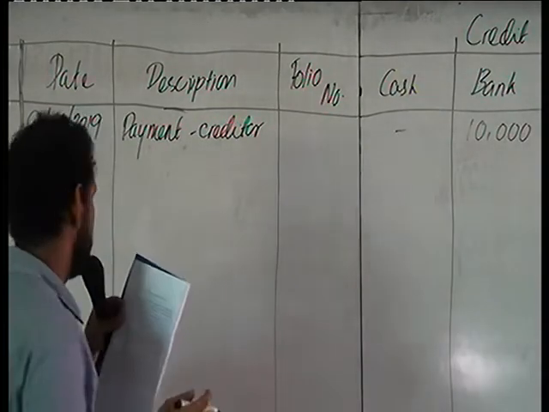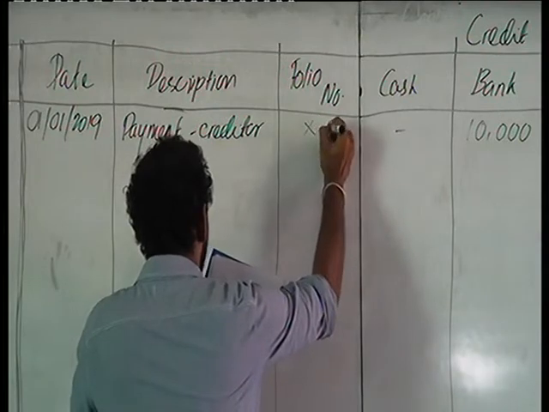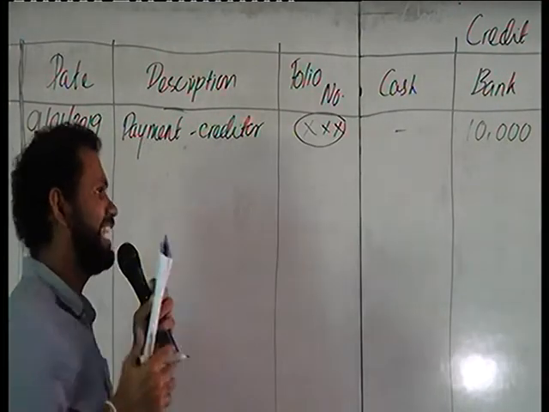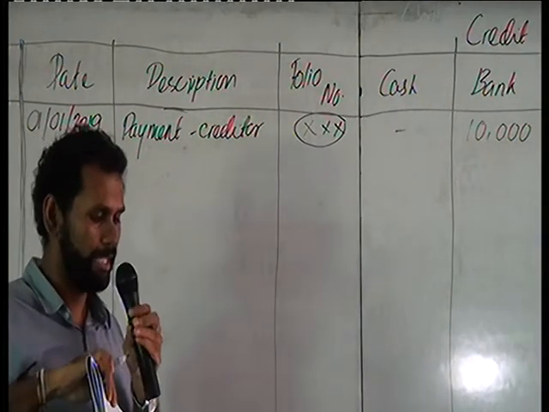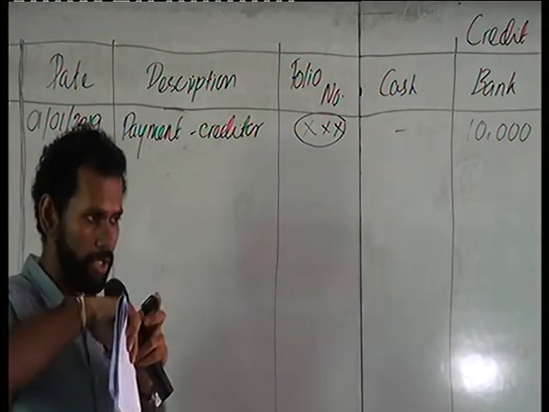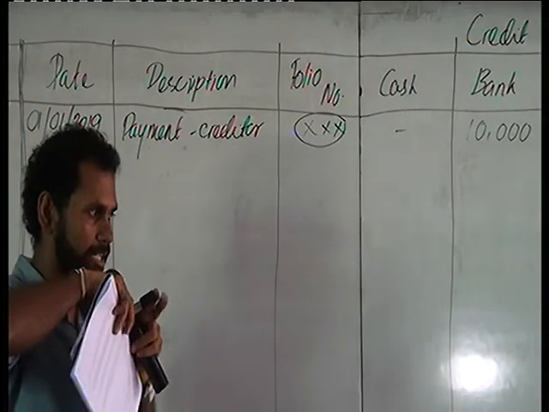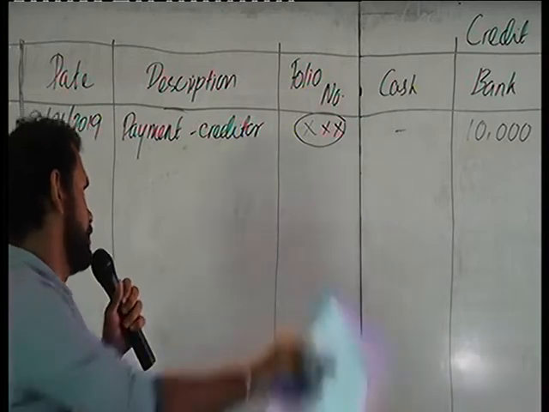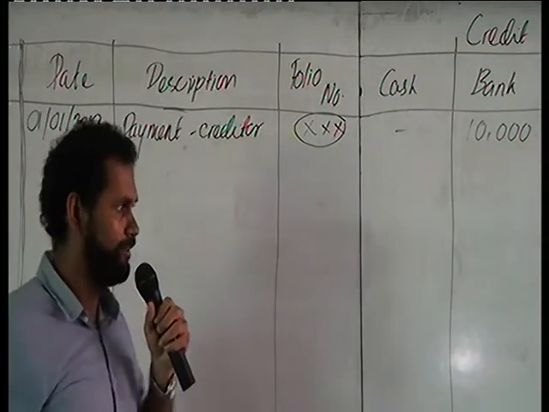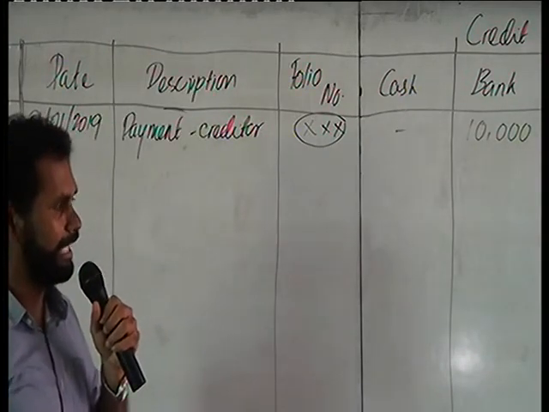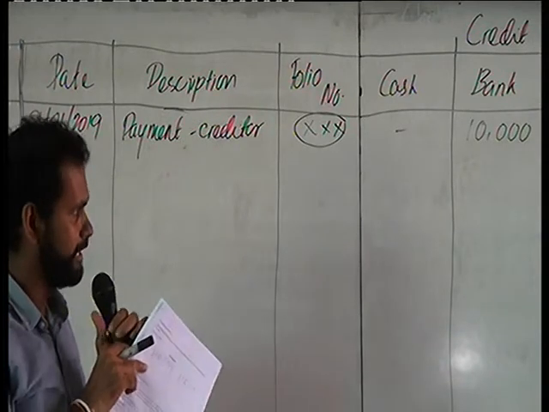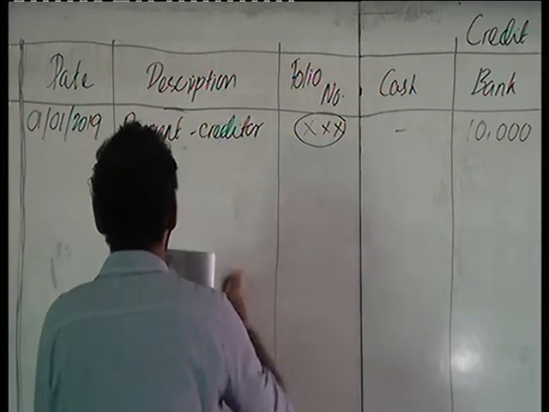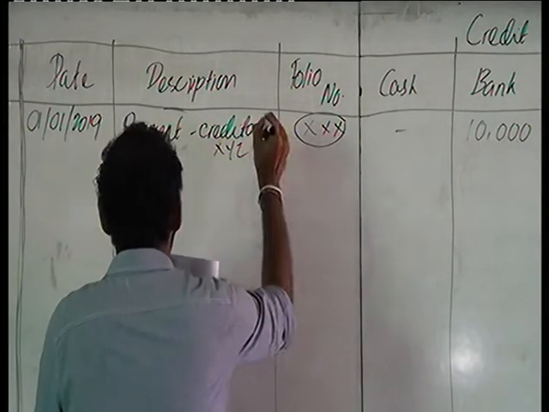So in the folio column we would put the folio number related to the XYZ account, and the relevant entry will be passed in the ledger account for the trade creditor XYZ. So this is the settlement of creditor XYZ.